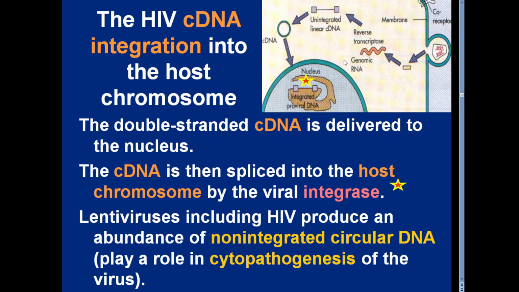Then these proviruses, or double-stranded DNA, integrate into host chromosomes. How? This double-stranded DNA transfers through the pores in the nucleus and by viral enzymes integrates, splices into host chromosomes.